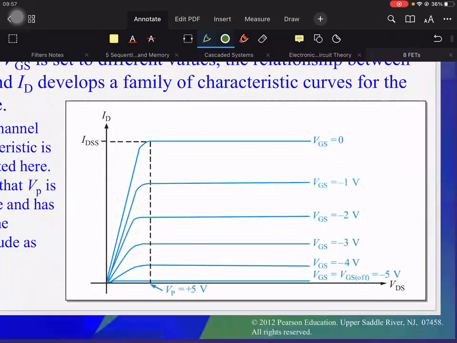Notice that VP is constant all throughout, no matter unsa ang atong use na VGS. But IDSS will change. So IDSS is dependent sa value sa VGS. So if we have a smaller VGS, larger VGS, we also have a large IDSS.